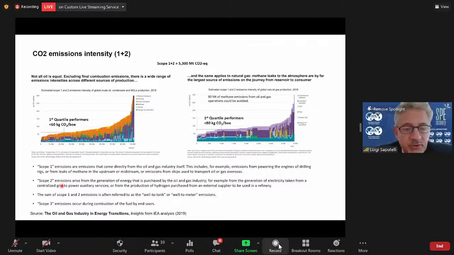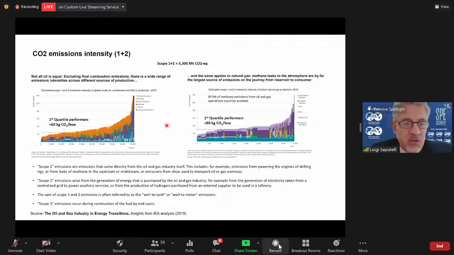Scope 2 is more related to the generation of energy and the transfer of electricity. So all these elements are important to see that we generate 5,300 million tons of CO2 just before the final user burns the oil. We will associate these numbers with other numbers related to the actual burning of oil.